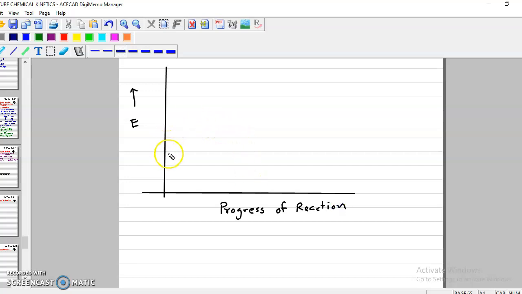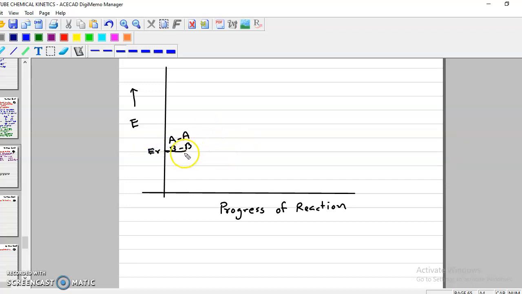We don't know the potential energy of any reactant, so we assume it is here, where we have AA and BB and their energy is this much. This is known as energy of reactant.